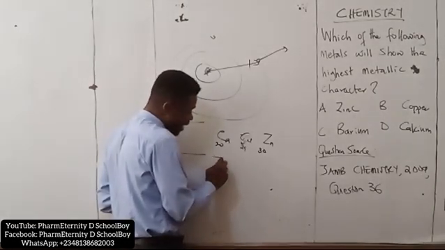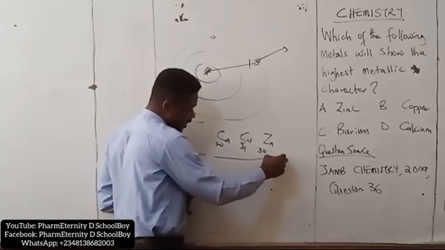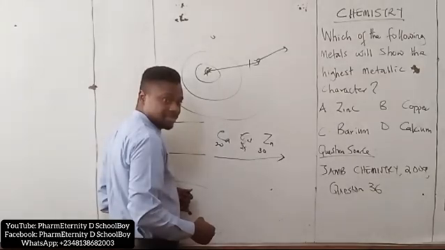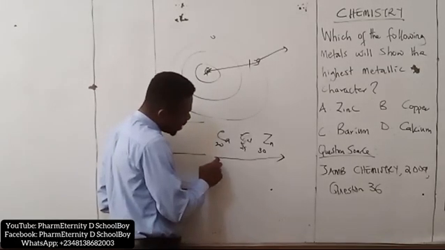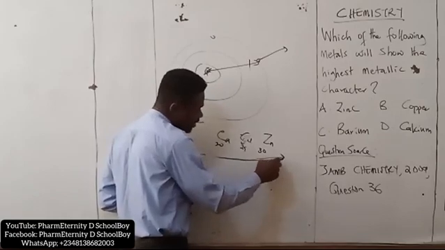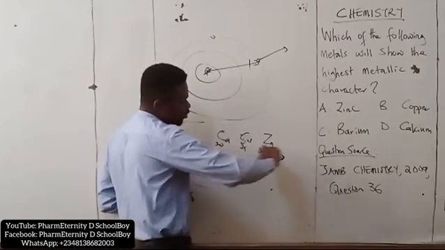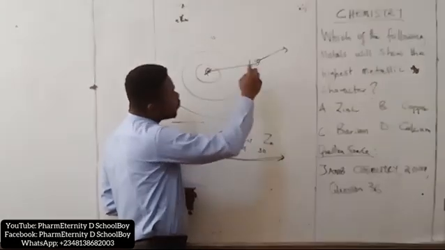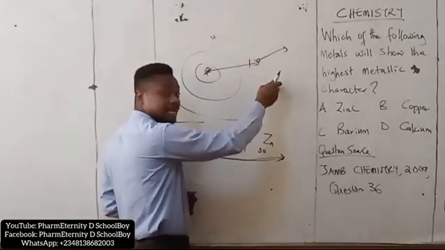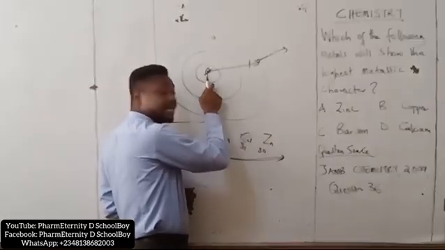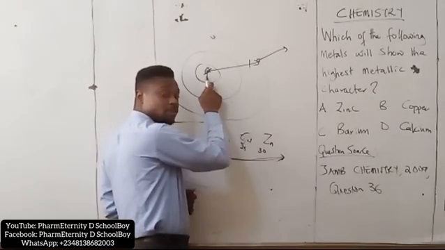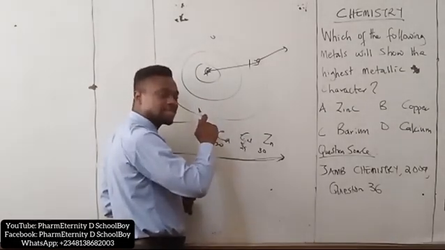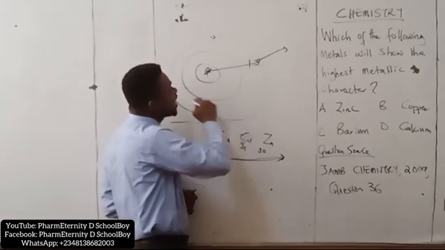The atomic number increases in this direction. Because the atomic number increases, as you move across period 4, you have more electrons and also more protons. But something happens across the period: the number of shells is the same.